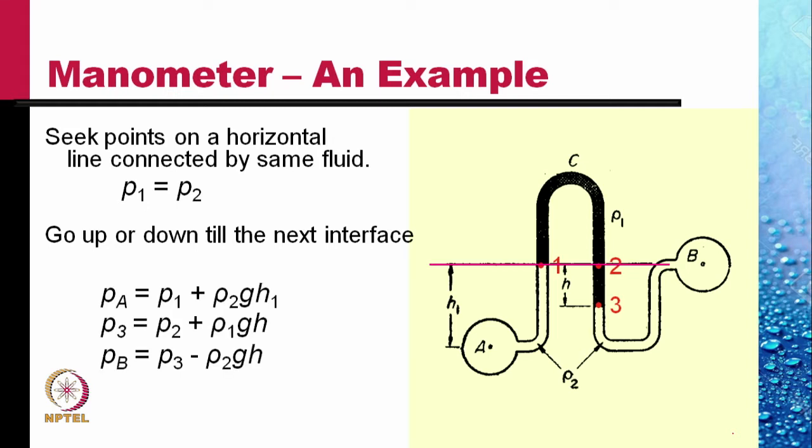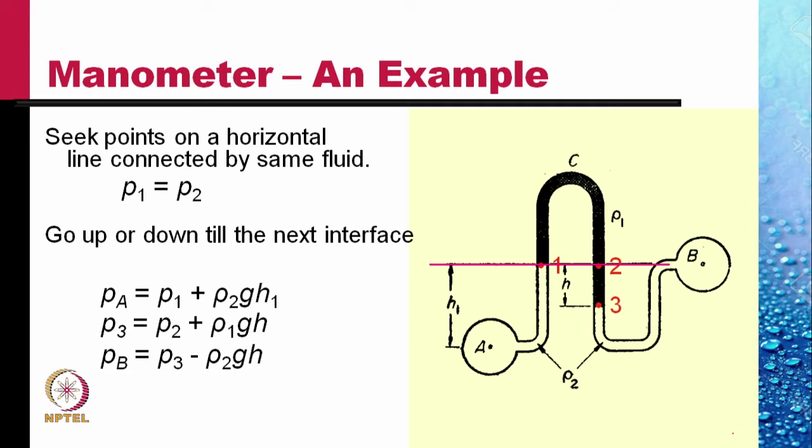In this case, PA is clearly P1 plus rho 2 g h1, since the uncolored portion of the tube is filled with a fluid of density rho 2. So the pressure at A is higher than the pressure at 1 by a liquid column of height h1 and of density rho 2.